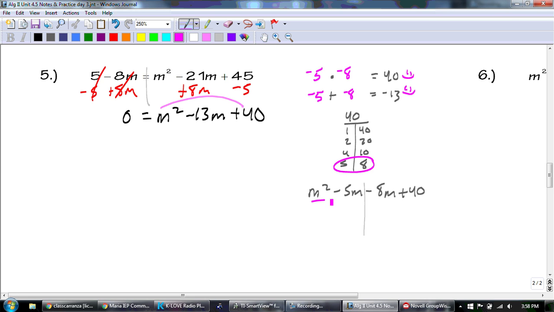And then we take the GCF of the first group, which is an m, the GCF of the back group, which is a negative 8. So I have m and negative 8. Guys, I'm doing this quick because you should be able to do this. Okay, so we get m minus 5 and then m minus 8.